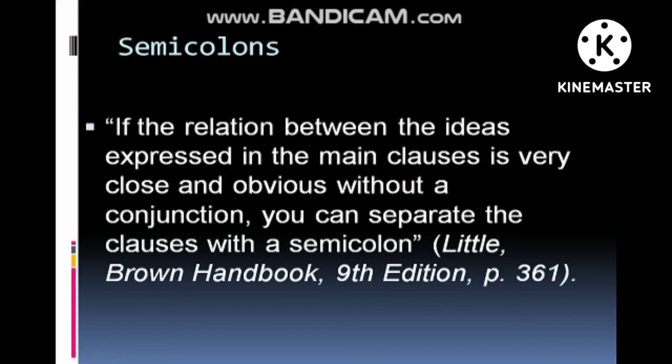Semicolon. If the relation between the ideas expressed in the main clauses is very close and obvious without a conjunction, you can separate the clauses with a semicolon. This definition was taken from the Little, Brown Handbook, 9th edition, page 361.